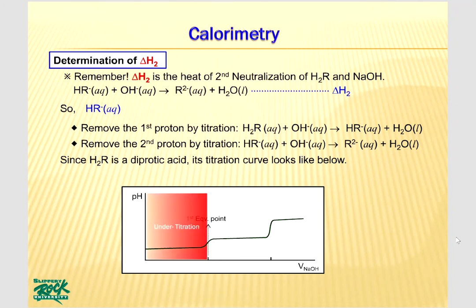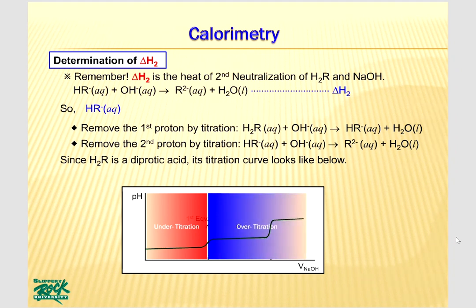If you under-titrate the solution, you have more protons available than expected in the solution. It will cause greater temperature rise than expected. If you over-titrate the solution, you have fewer protons available than expected in the solution. It will cause less temperature rise than expected.